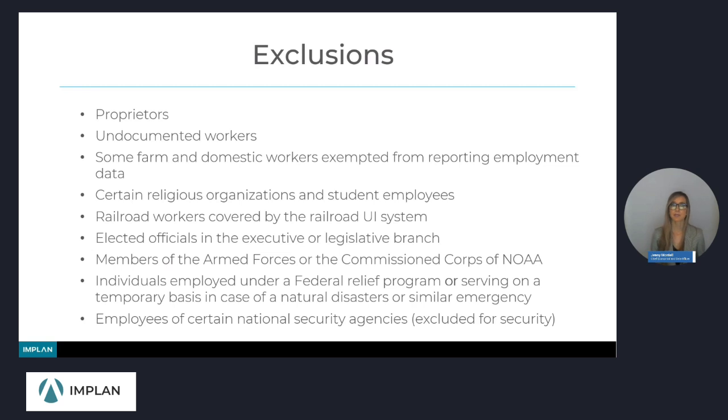So in that case, they'll be in there, but most proprietors will not be in this data set. Now, if a proprietorship has W-2 employees, those employees will be in this data set, even if the proprietor themselves is not in there. So employees of proprietors will be in here.